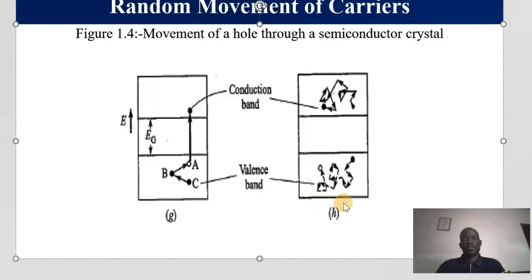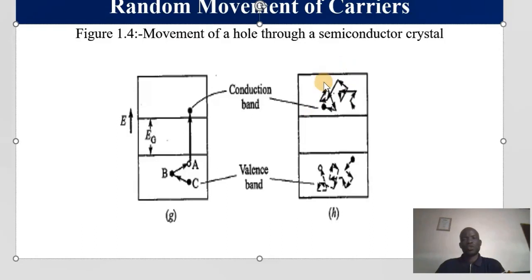So it is hole current we'll be talking about as long as the electron is moving in the valence band. Due to thermal agitation, it has now acquired enough energy and it has left a hole, meaning that the electron has escaped from the valence band to the conduction band.